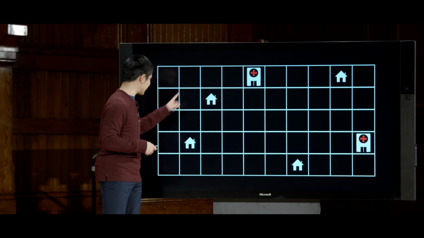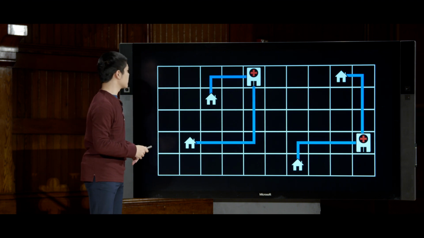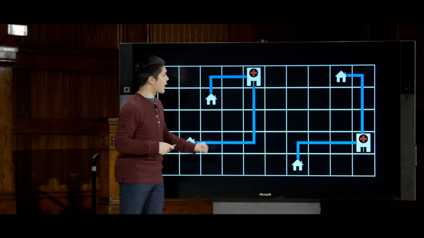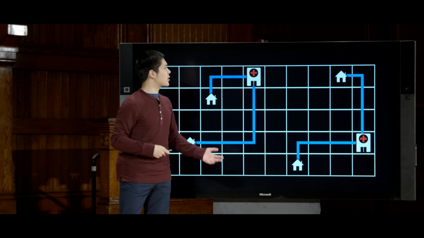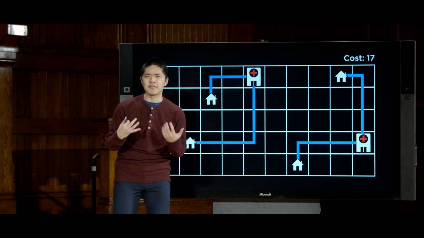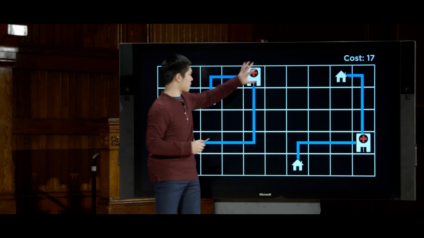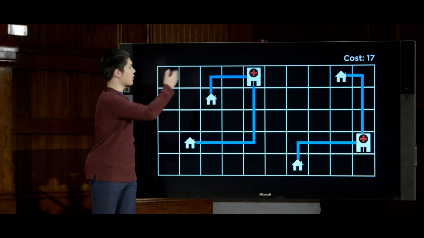And it turns out if you take each of these four houses and figure out how close they are to their nearest hospital, you get something like this, where this house is 3 away from a hospital, this house is 6 away, these two houses are each 4 away. And if you add all those numbers up together, you get a total cost of 17, for example. So for this particular configuration of hospitals, a hospital here and a hospital there, that state, we might say, has a cost of 17.